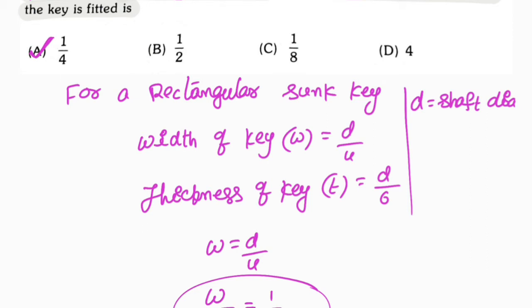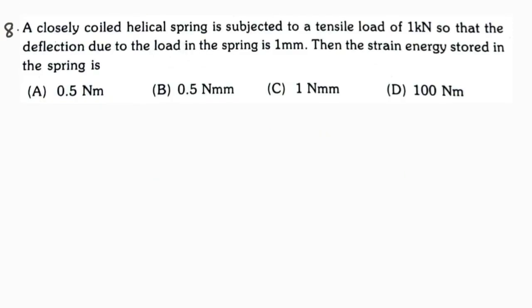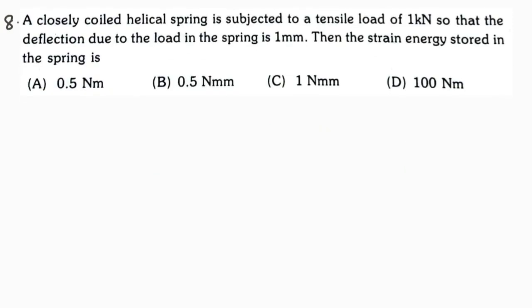Let us take another problem. Look at the 8th problem. A closely coiled helical spring is subjected to a tensile load of 1 kN. Tensile load W equals 1 kN, which is 1000 newtons.